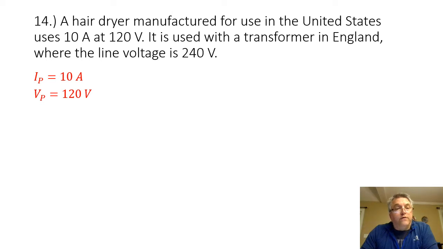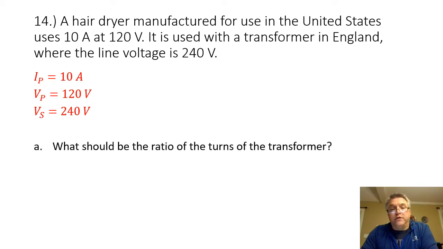I know that the voltage in the secondary circuit is 240 volts. And the first thing that they're asking us to find is what should be the ratio of the turns of the transformer. So I'm really just looking for the ratio of the number of turns in the secondary coil to the number of turns on the primary coil.